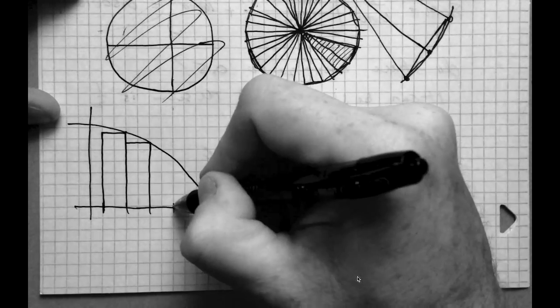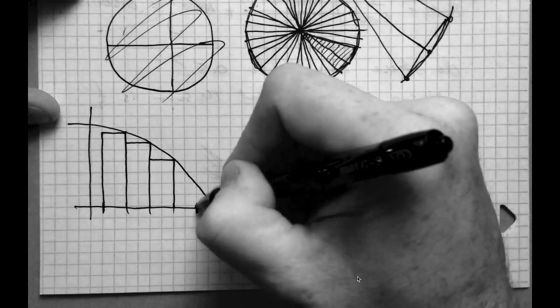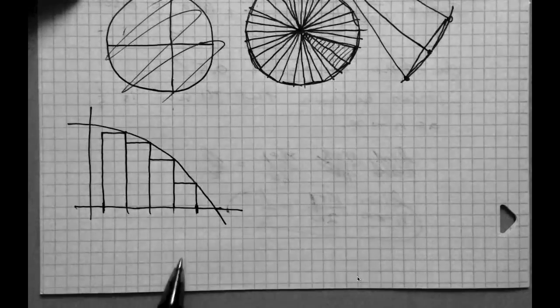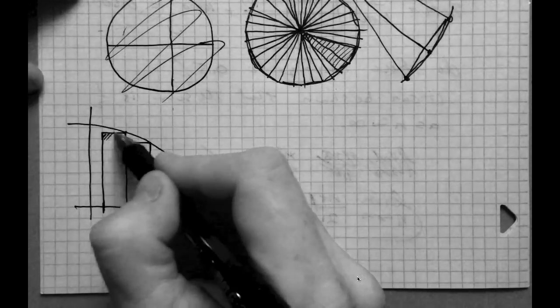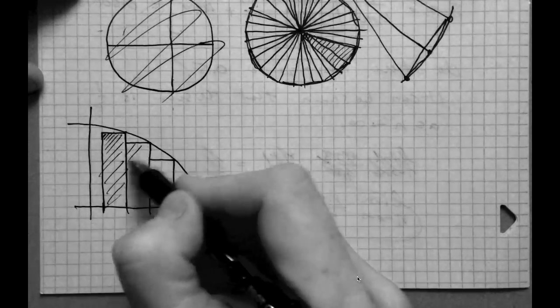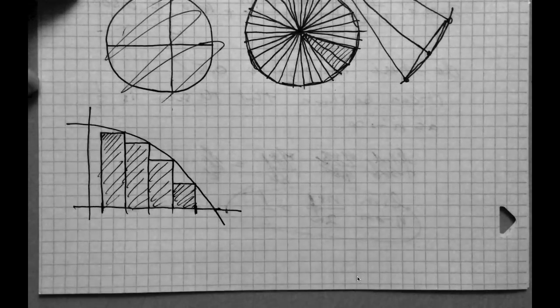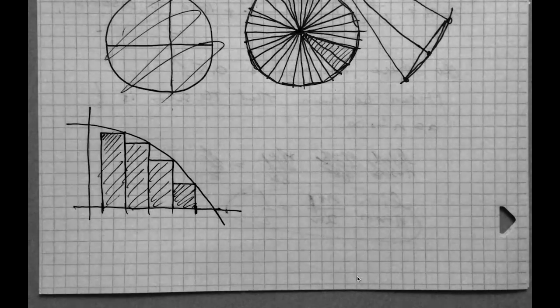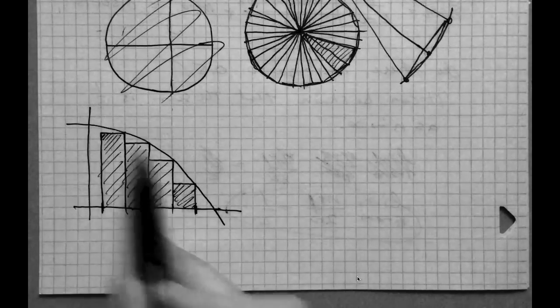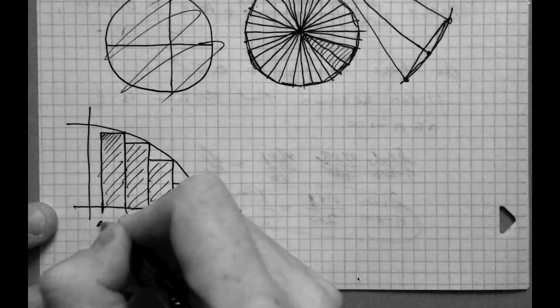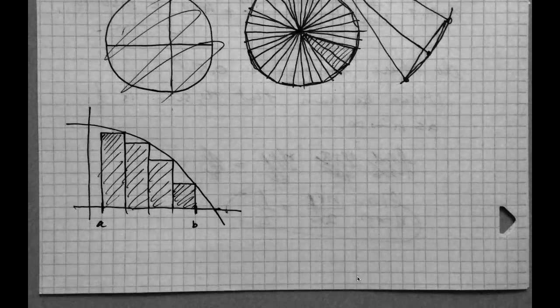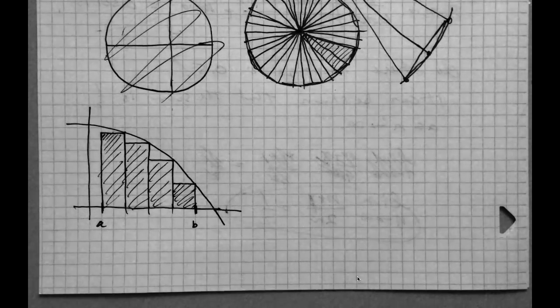Right? And then to find the area of each rectangle. So if I find the area of this rectangle, and I find the area of this rectangle, and so on, and I add all of those areas up, well, then that's going to get me an estimate for the area between these 2 points underneath this curve.